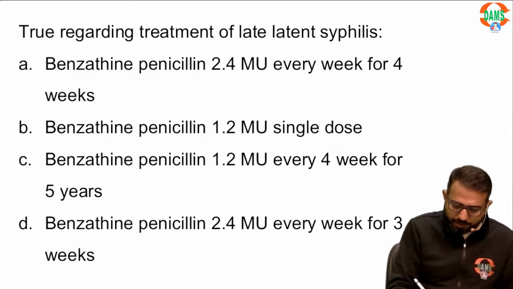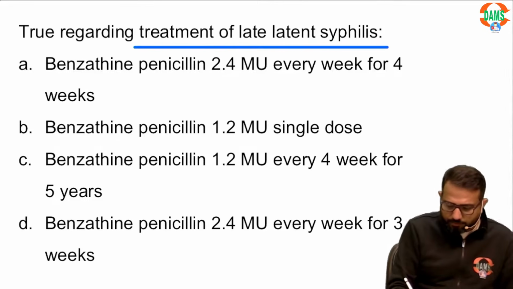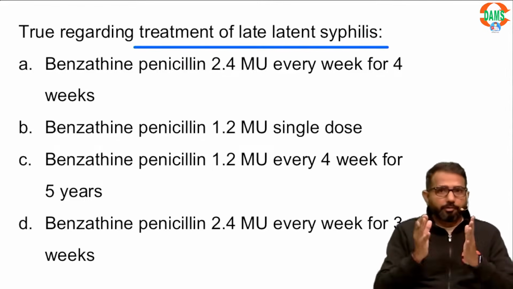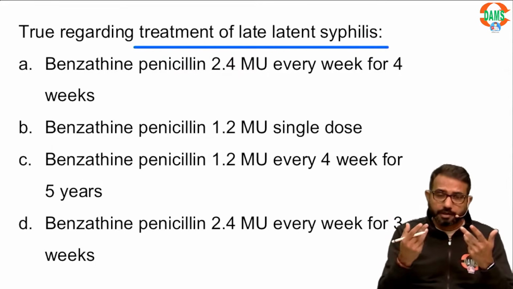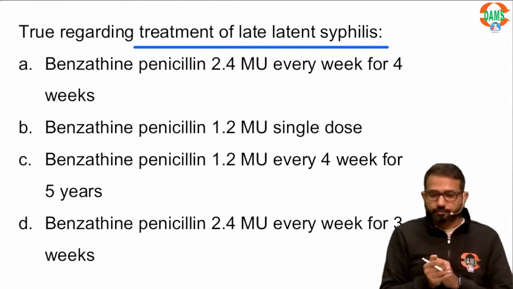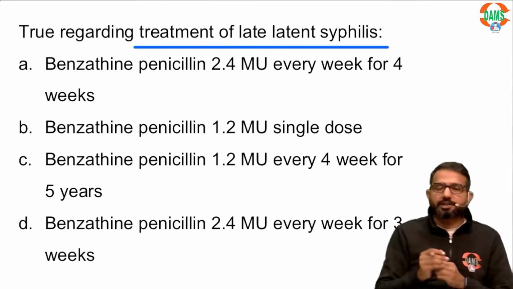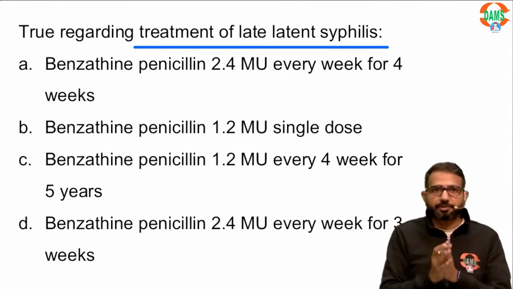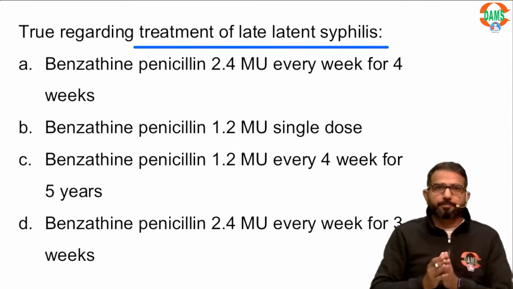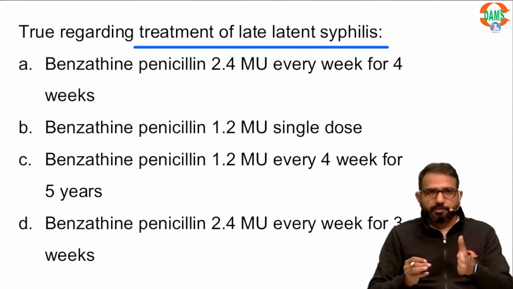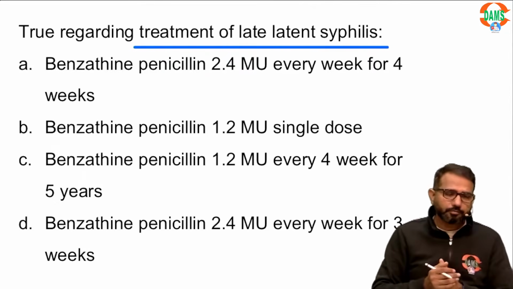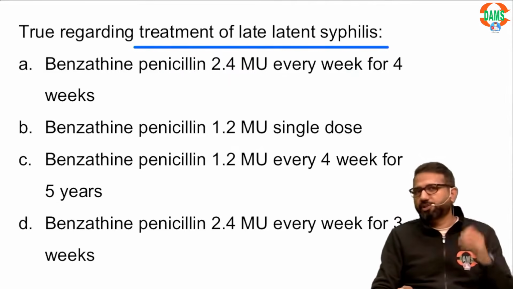True regarding the treatment of late latent syphilis. Now we know what the drugs are for gonorrhea and syphilis; now we need to know the dose and how we are using it. In late latent syphilis, what is the best treatment? If you see the options, benzathine penicillin is used in A, B, C, D, all the same drug.